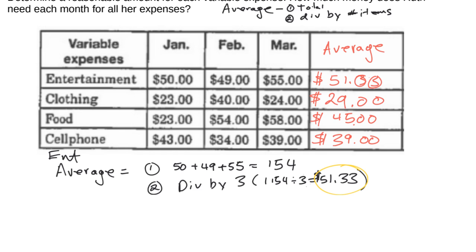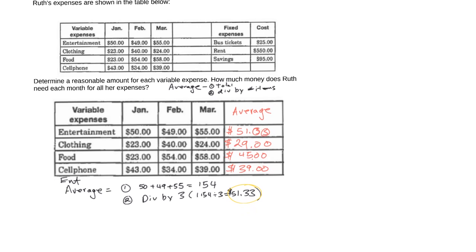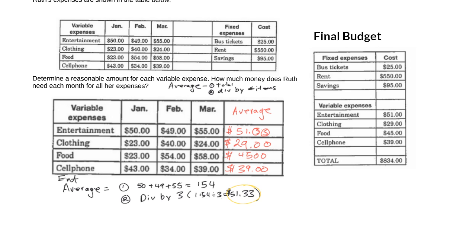Now, the key to finding our overall amount of money that we spend for this month is totaling the fixed expenses and the variable expenses as shown here. So we see in our final budget, we're going to take all of the expenses, and you'll notice that right here we've taken the averages for the variable expenses.